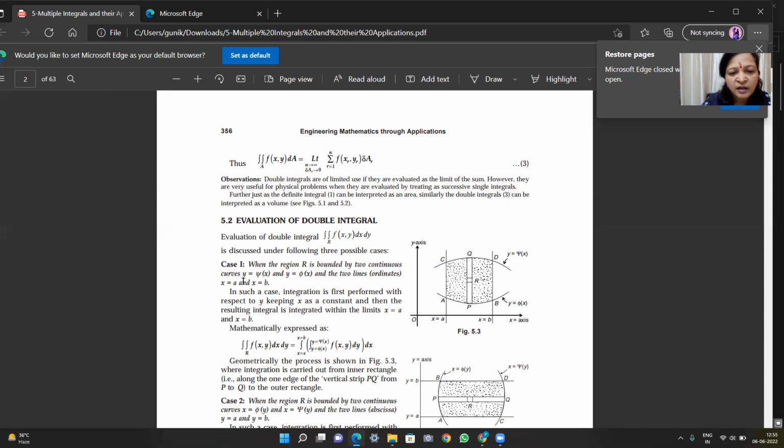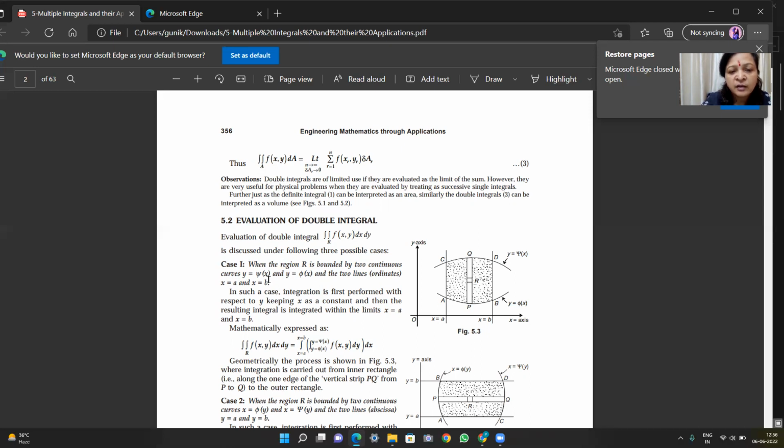So first we integrate with respect to y partially. I am saying partially. Partially means when we are integrating with respect to one variable, then the other variable is treated as constant. So here the limit of y is given as a function of x. So first we integrate with respect to y partially.